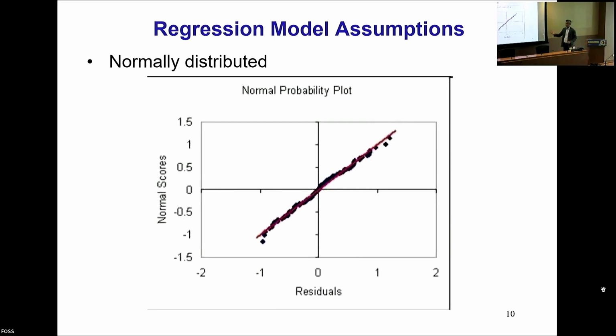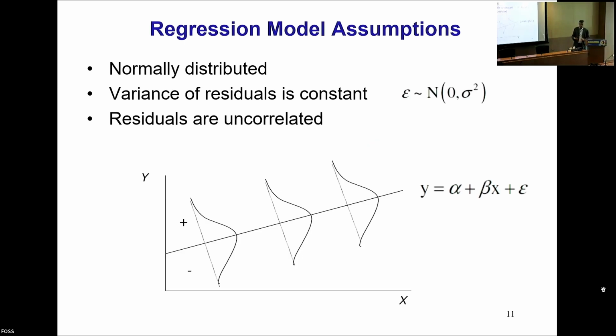And we test that using a QQ plot, a probability plot like this. So we're looking for any significant departures away from this linear line. If you have very excessive curvature, then it means the residuals are not normally distributed. Here's another way of visualizing this.